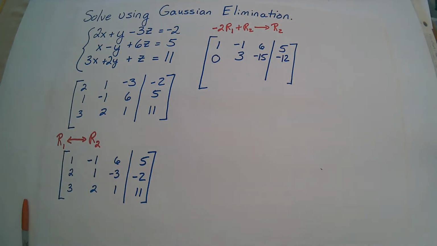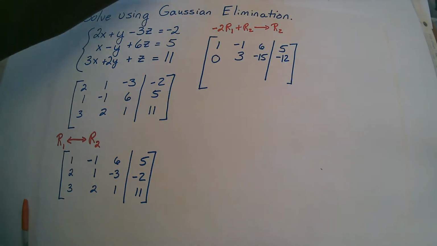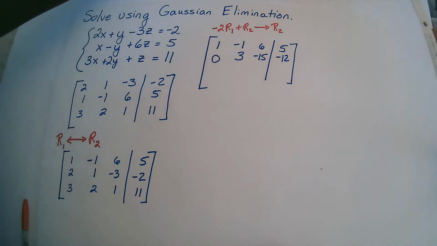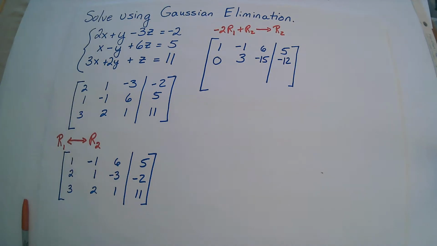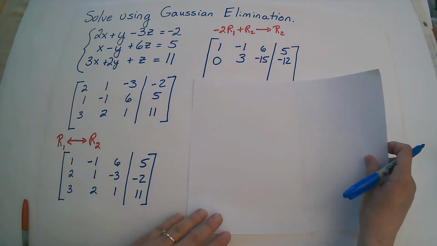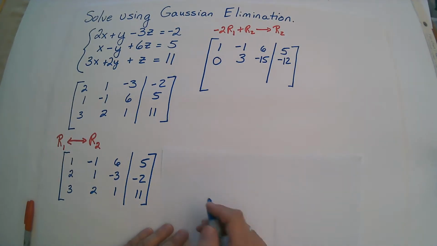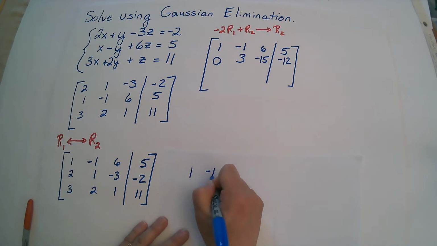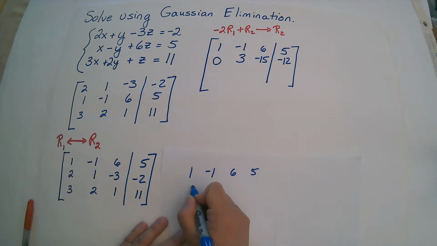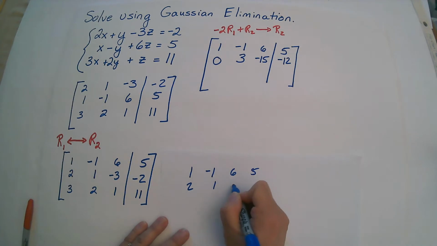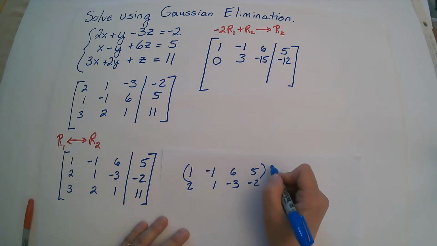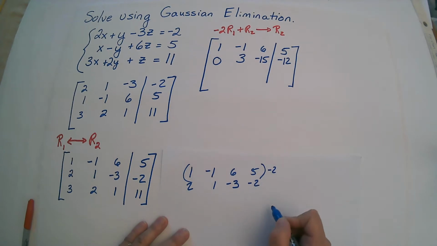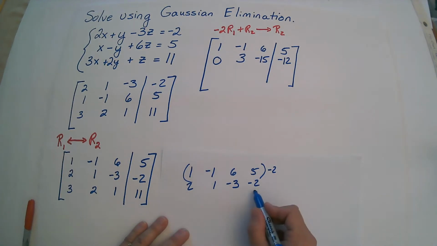And if that's hard for you to see, grab a piece of scratch paper. I'll grab my scratch paper. And you can do the arithmetic here. I have the -1, -1, 6, 5, and the 2, 1, -3, -2. I am multiplying this row by -2, and I'm adding it to this one.